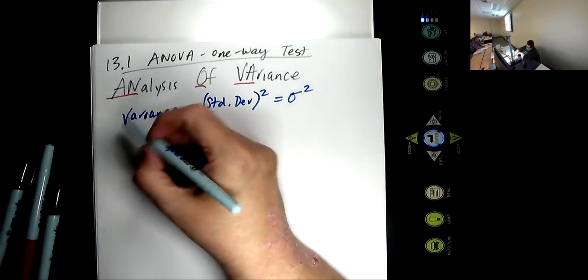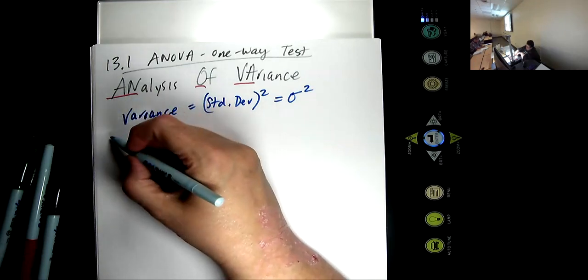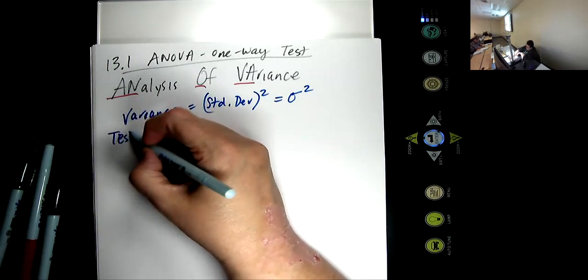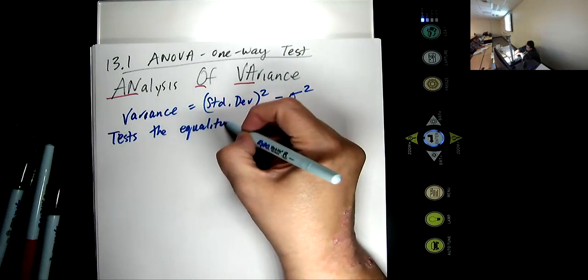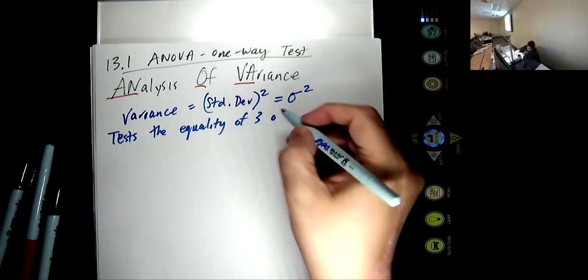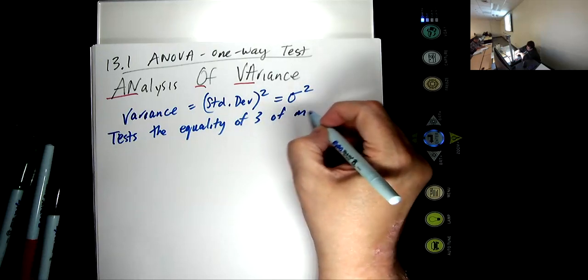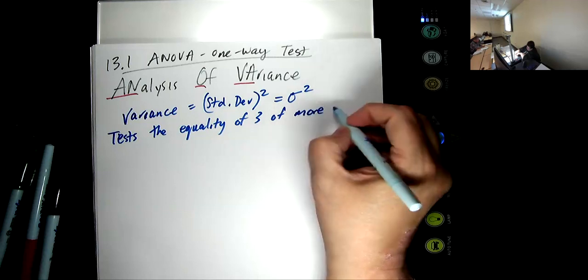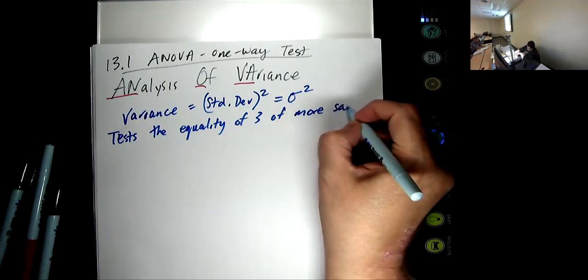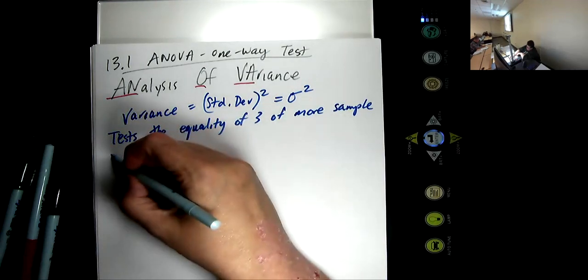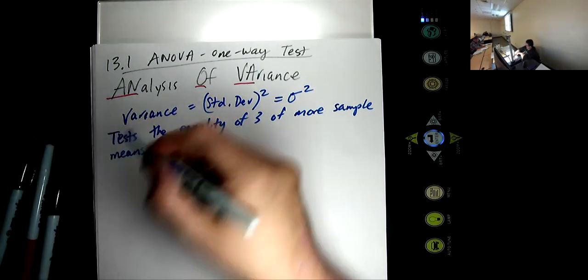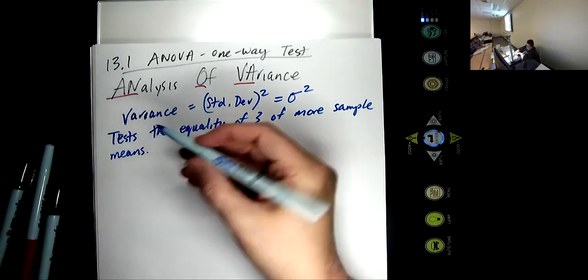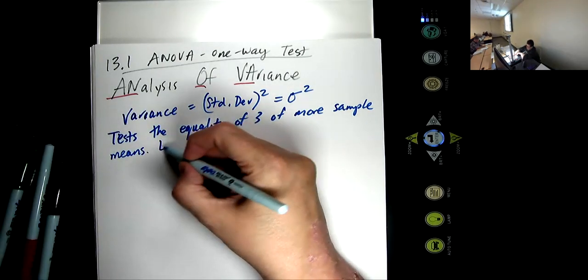So the analysis of variance one-way test, the ANOVA test, tests the equality of three or more sample means. And so we have some requirements, but let's say there's K groups.